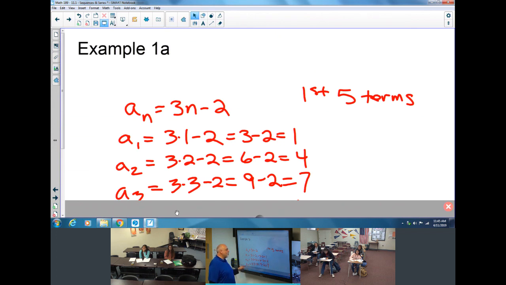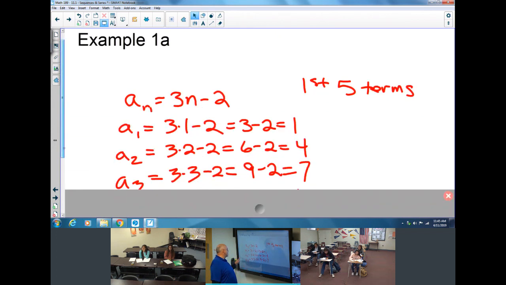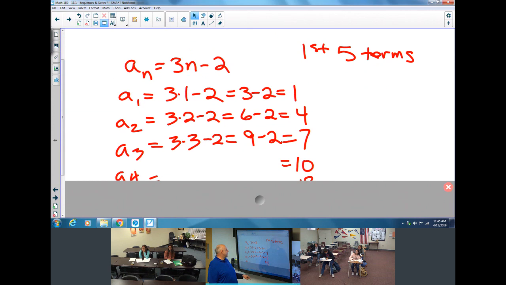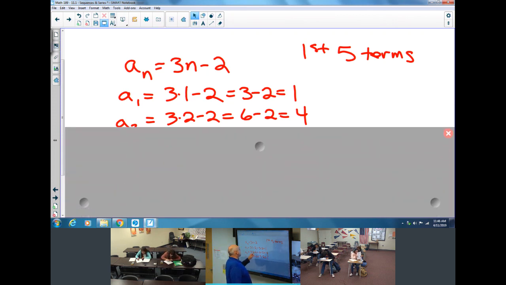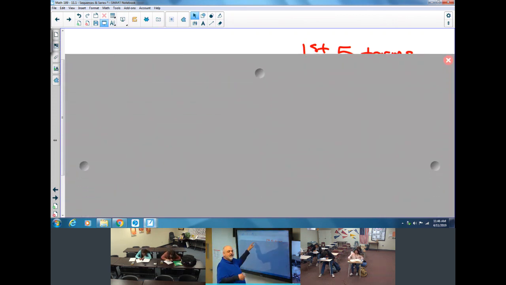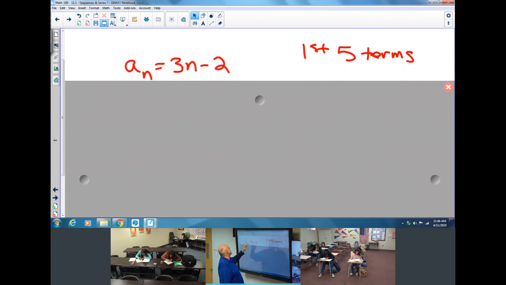So maybe the 4th term, a sub 4, would be 10. And then a sub 5 would be 13. And so I don't have to calculate it each time if I start seeing the pattern. Okay? All right, so do practice 1A, where you find the first 5 terms of that sequence. And it looks like everybody got it. Good.